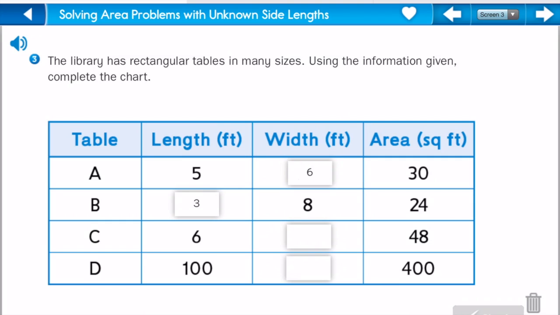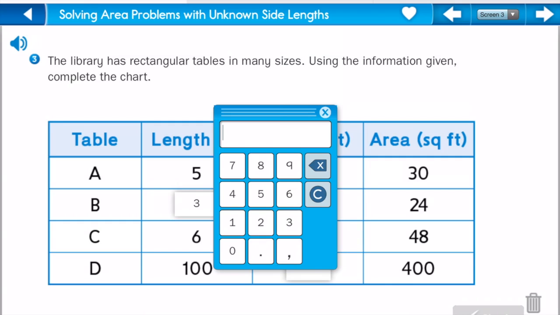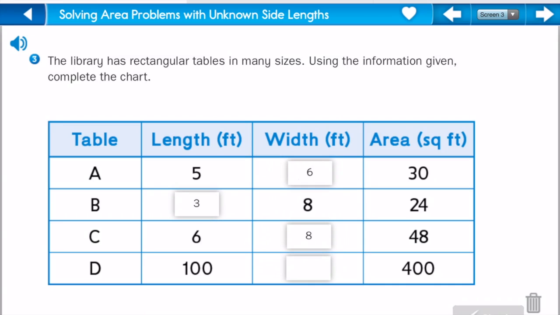I'm taking 48 divided by 6, or what times 6 equals 48? And I'm thinking in my head, and I know that 8 times 6 equals 48. Okay?